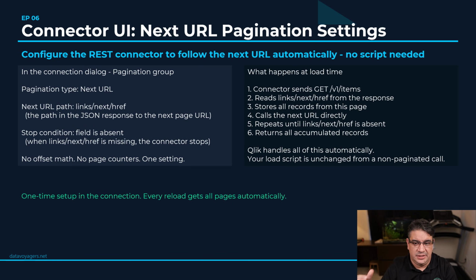Then in the connection, when you go to the REST data connection, there's a section to do pagination, and you have multiple options. The option that we're going to use there is the next URL. This one is very straightforward.